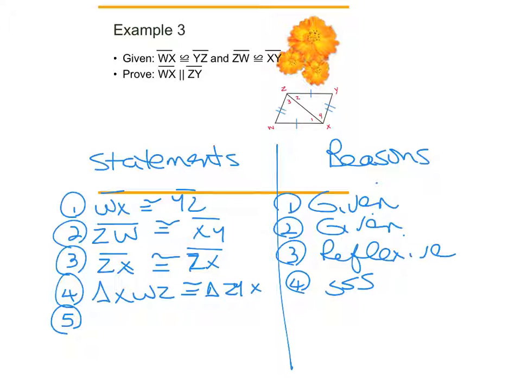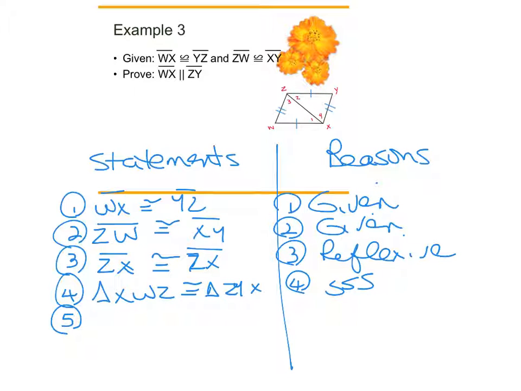Can you say that the angles are congruent because the triangles are congruent? We're going to say that the angles are congruent, but first we have to figure out what. You could use the corresponding angles converse or the alternate interior angles converse. Good. Those were the reasons for proving lines parallel.